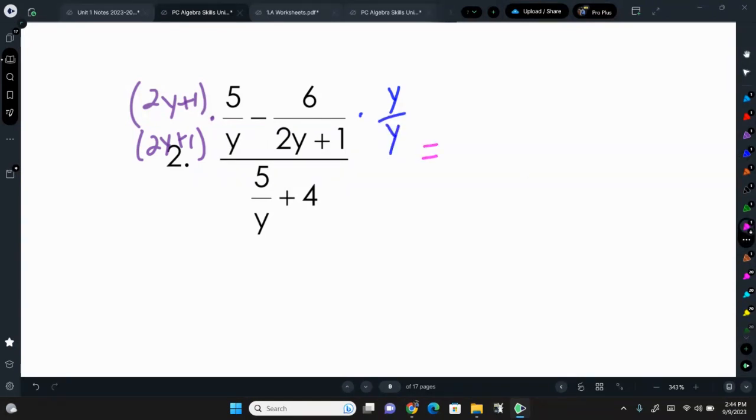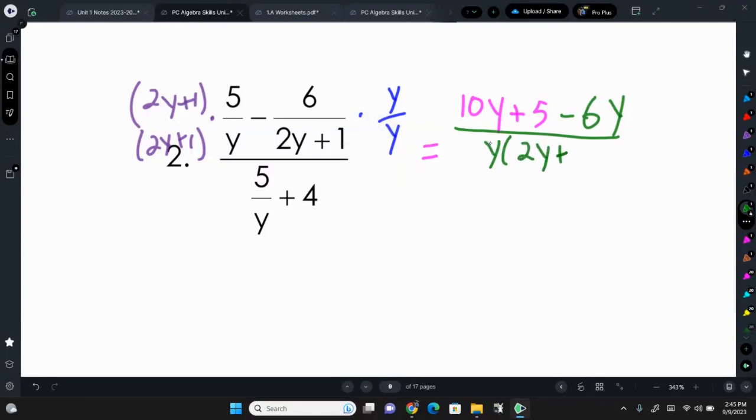So my numerator is going to be 10y plus 5 minus 6, because the second fraction is 6, and then times y, so minus 6y, over our common denominator of y times 2y plus 1.